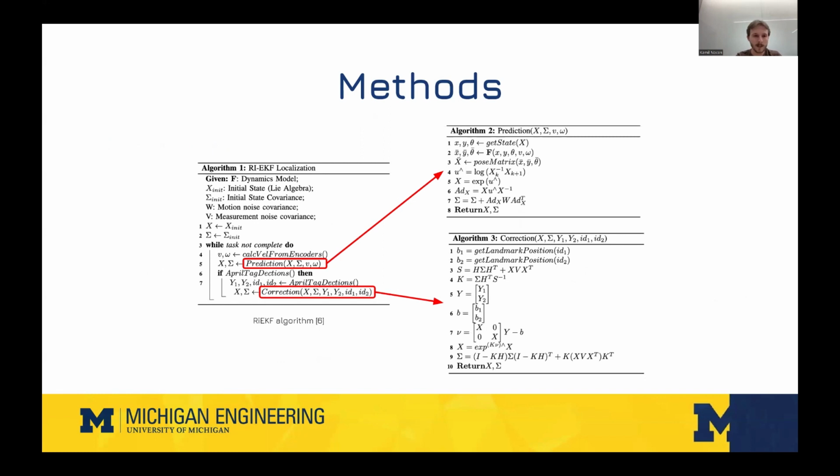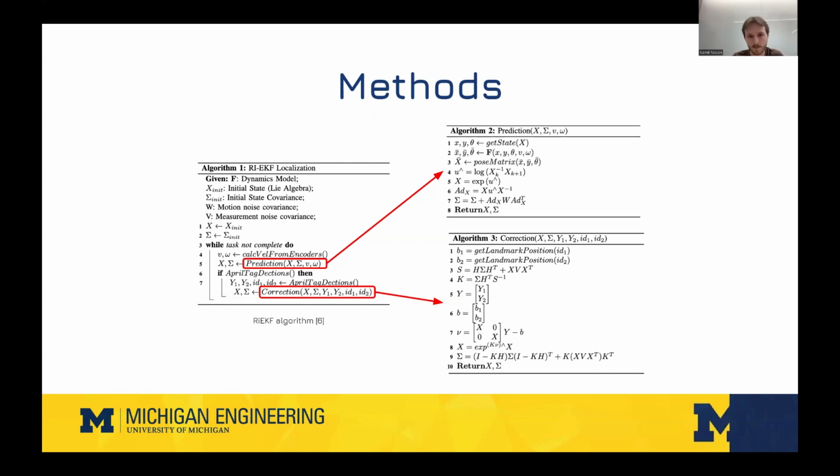And so diving into our actual algorithm, some of the things that we're given are F, our dynamics model, which I just showed previously, X initial and sigma initial, which are our initial state and initial covariance, W, the motion noise covariance, and then V, the measurement noise covariance. So we initialize our X and sigma, and then in a while loop, while our task is not complete, we get our control inputs, V and omega, from the encoders, and then we update X and sigma through our prediction step.